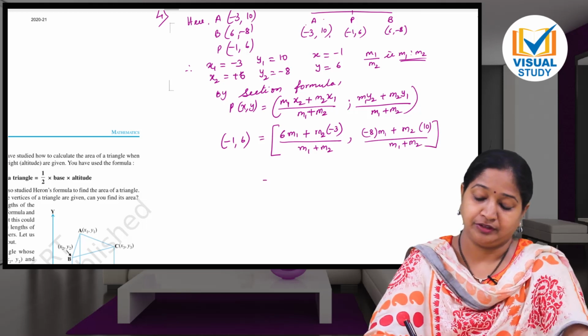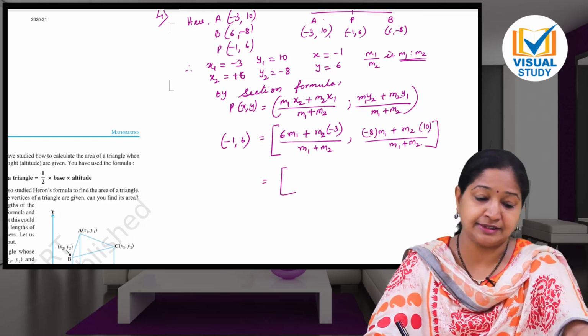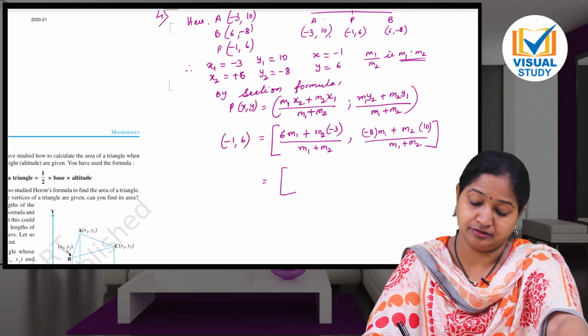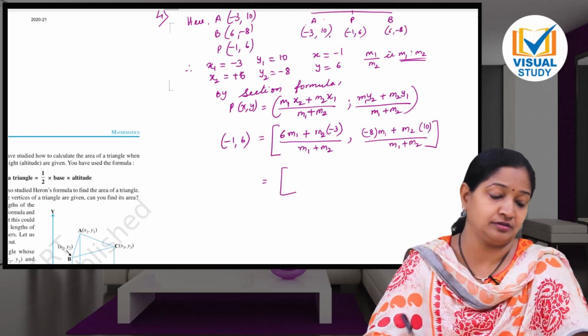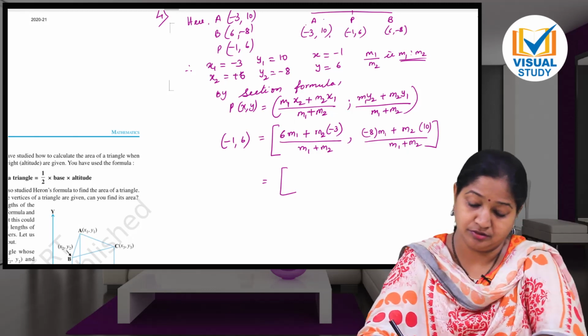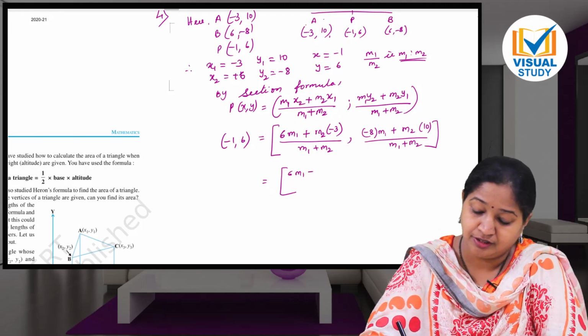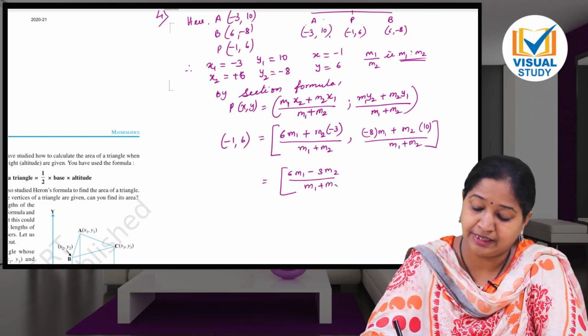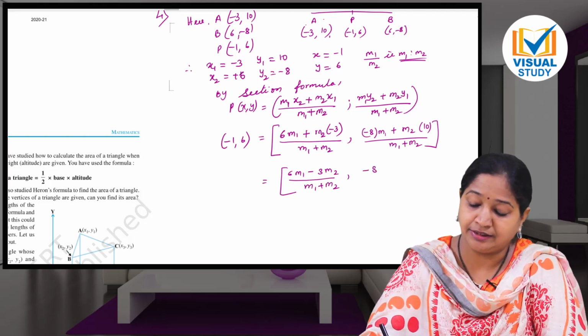Okay, what you are going to write is (6m1 minus 3m2) upon (m1 plus m2), and (minus 8m1 plus 10m2) upon (m1 plus m2).